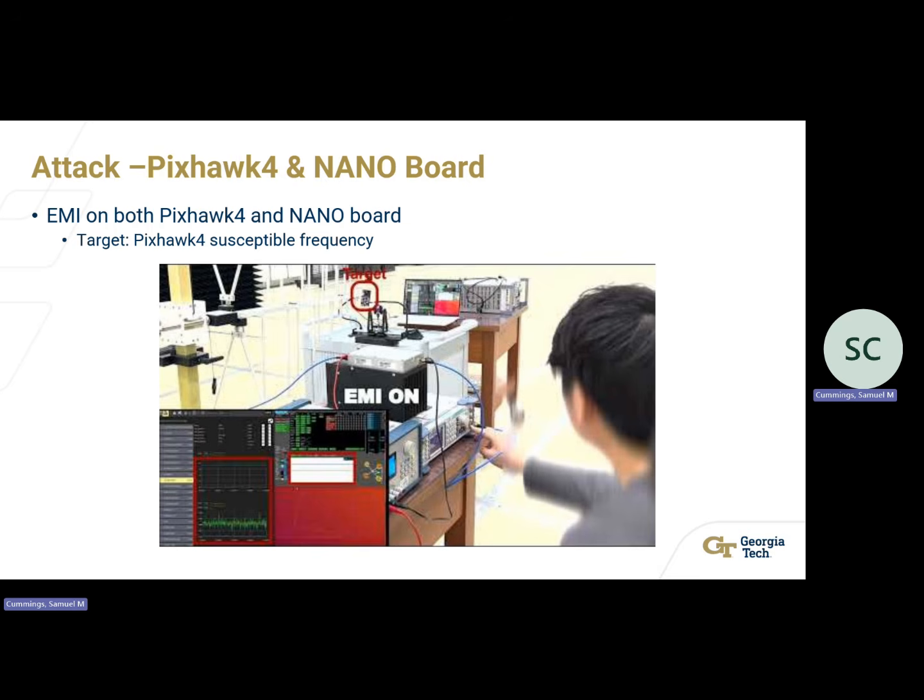This proves that you can attack your enemy drones at their susceptible frequency and neutralize them, and at the same time, your drones will not be affected. And that's the downfall of a lot of current solutions out there, is they take down drones, but they take down any drone, and you don't want to lose your allied drones.